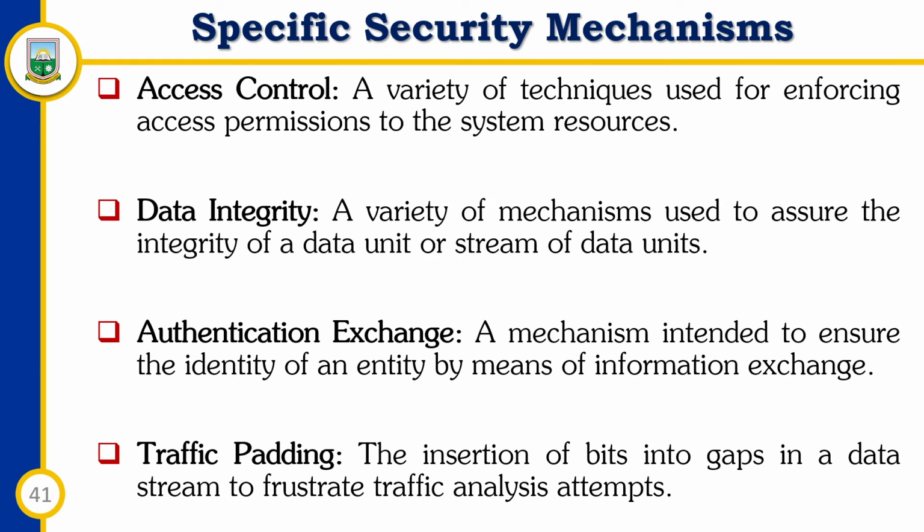Authentication exchange. This type of security mechanism also deals with identity being known in communication. It can be achieved at the TCP/IP layer, where we have some sort of two-way handshake mechanism, which is used to ensure data is sent. Of course, before you can send, there should be some sort of acknowledgement between both parties, the sender and the recipient.